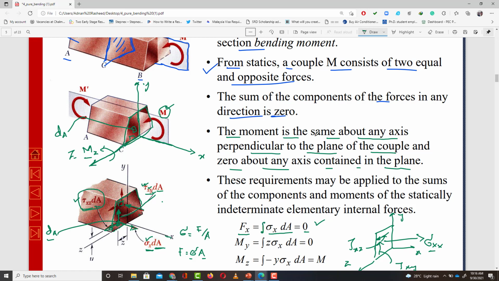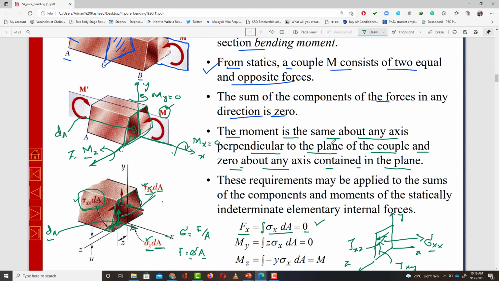Now the moment is the same about any axis perpendicular to the plane of the couple and zero about any axis contained in the plane. You can see this x-axis is contained in this plane, so the moment about x will be equal to 0. Similarly, the moment about y must be equal to 0. Why?